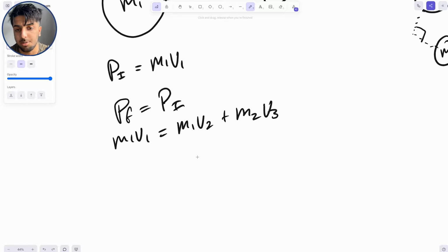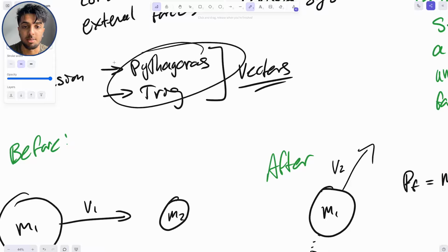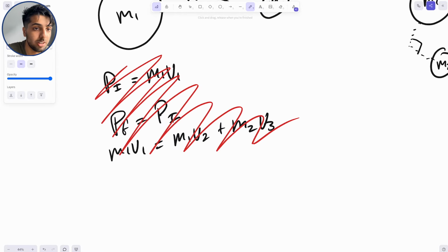This is not allowed, as we're dealing with vectors, so they're not scalar quantities, they have direction, and we need to take that direction into account using our trig and Pythagoras. So this is not good. We scribble that out. Okay.